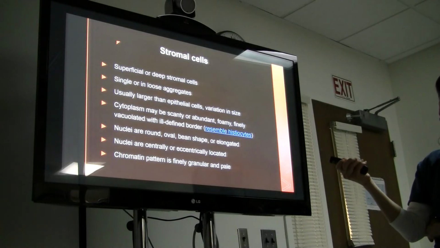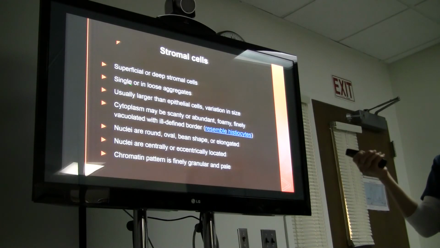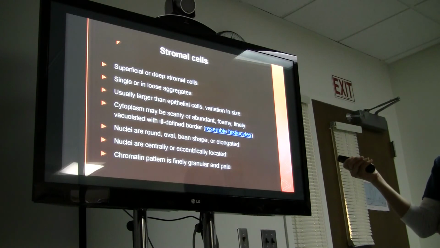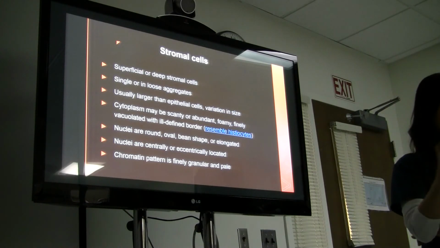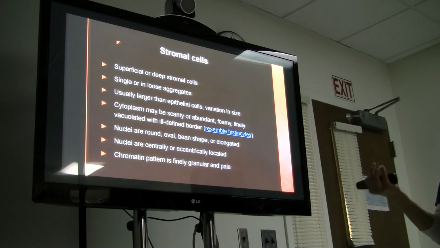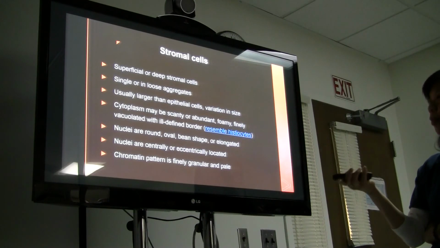The stromal cells may be single or loose aggregates. They very much resemble histiocytes. The cytoplasm is foamy, kind of vacuolated, with an ill-defined border. But all these are very benign looking, uniform looking. They do not look like malignant cells.